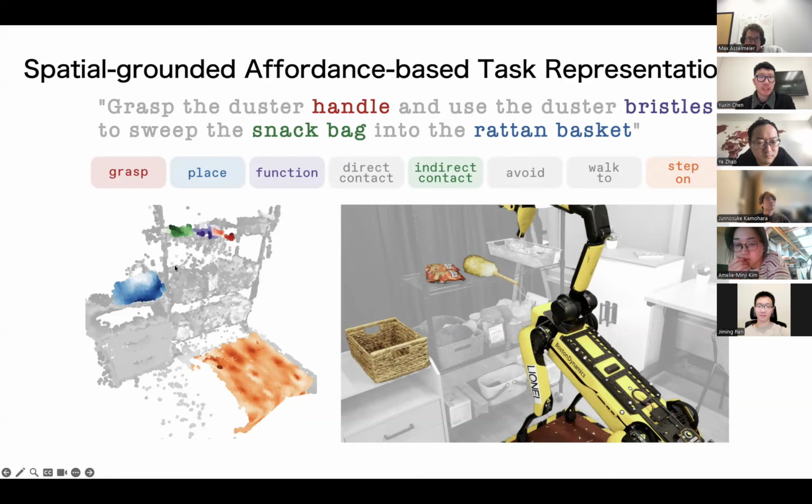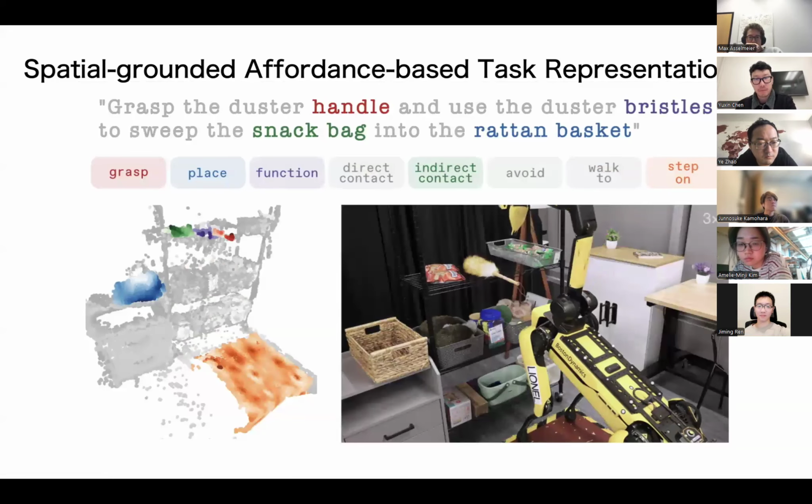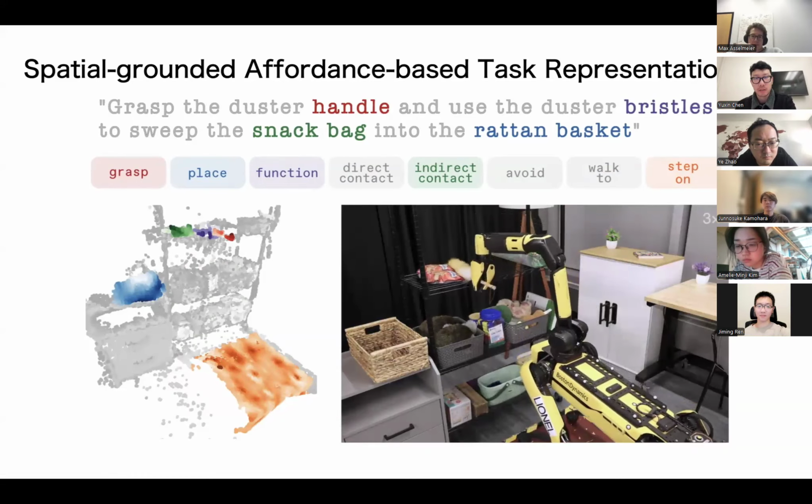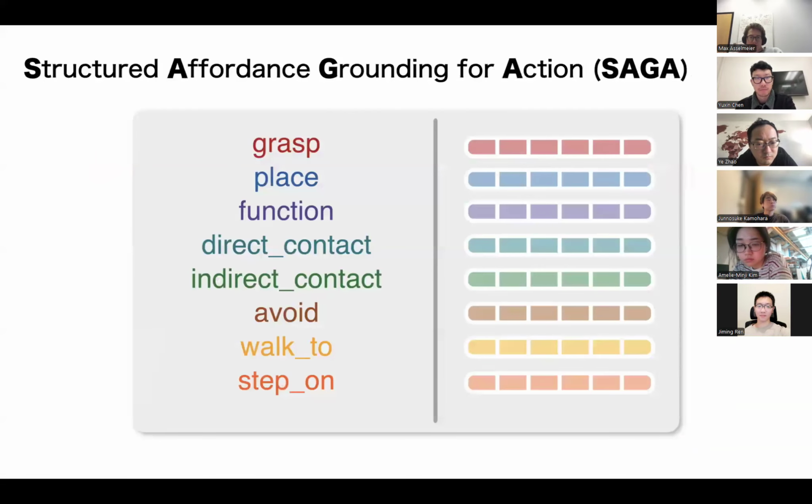In this case we have a point cloud, and each affordance of each object has corresponding highlighted point clouds, and then the robot does the task on top of that. Here are execution videos, trying to sweep the snack bag into the box.